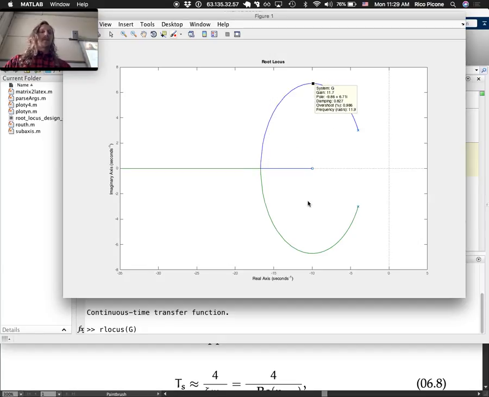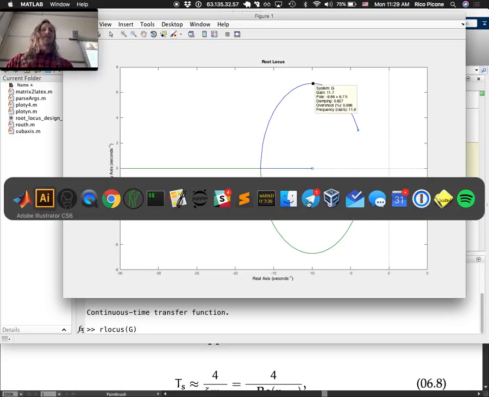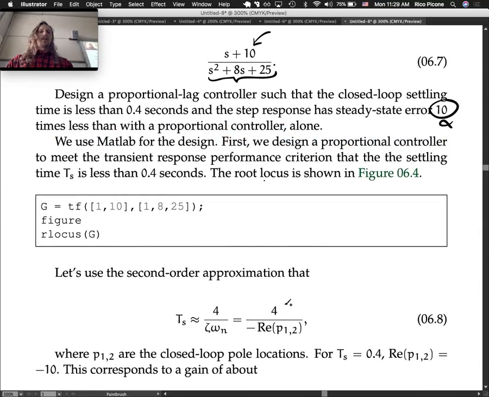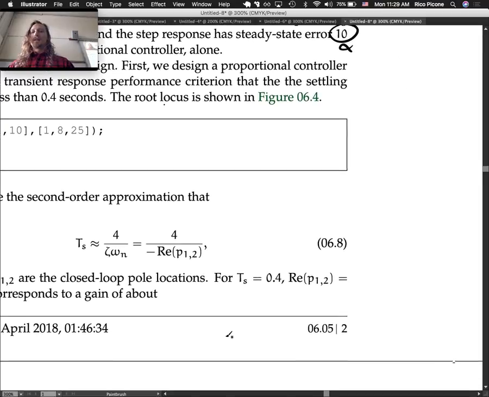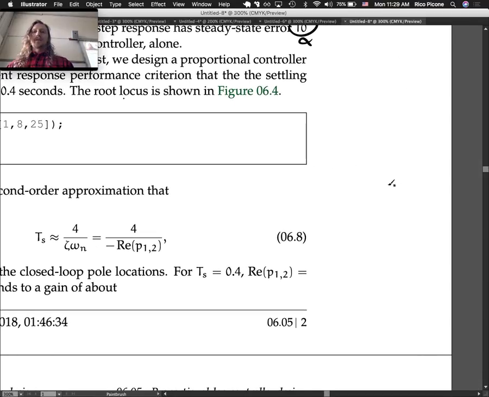Do you guys remember the second order approximation formula we use for that? It's this, right? 4 over zeta omega n. And zeta omega n, you may or may not remember, if you look in the S-plane, say this is your closed loop pole location.